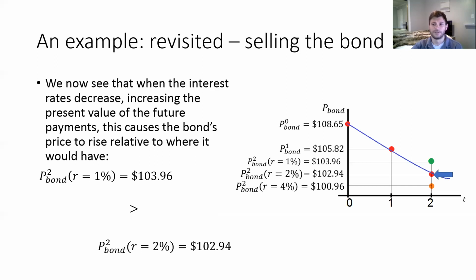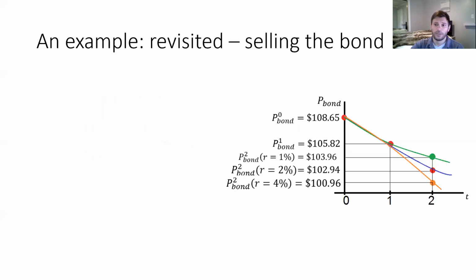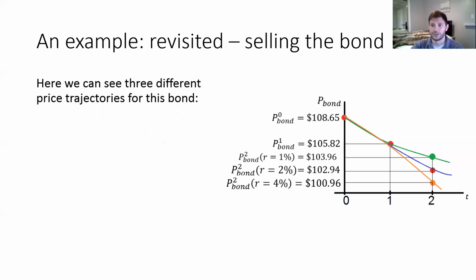But if the interest rate increased to 4%, that pushed the price down to $100.96 in period 2. However, if the interest rate fell to 1%, this would have pushed the value of the bond's remaining payments up to $103.96.